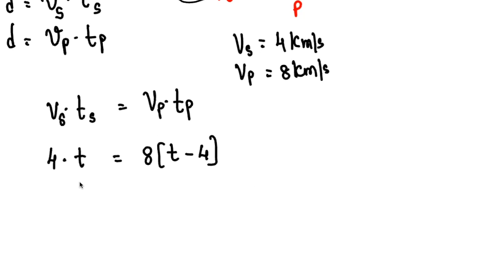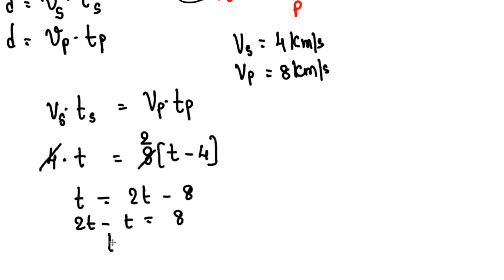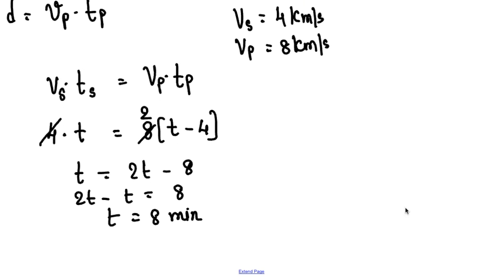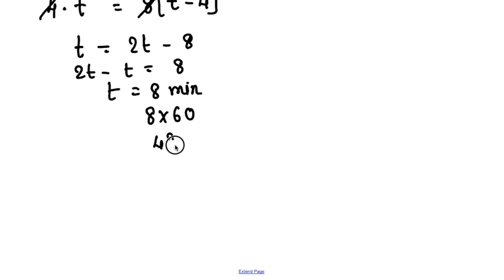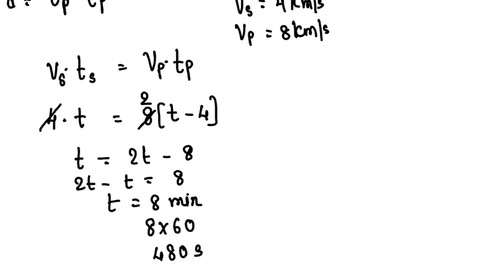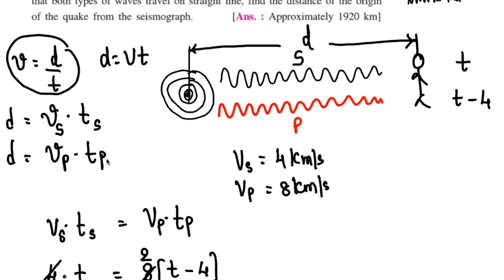From here we can get the value of t. Here t is equal to 8 minutes, but let us take it in seconds, so it is 8 times 60, that is equal to 480 seconds. Now substituting the value of t in any of these equations, we can get the value of distance.